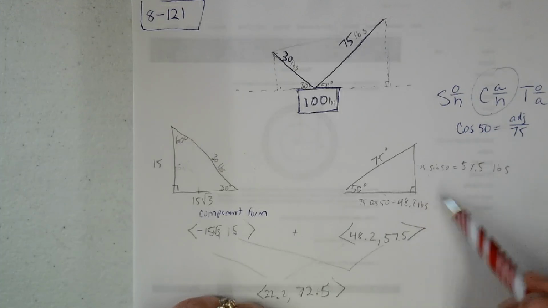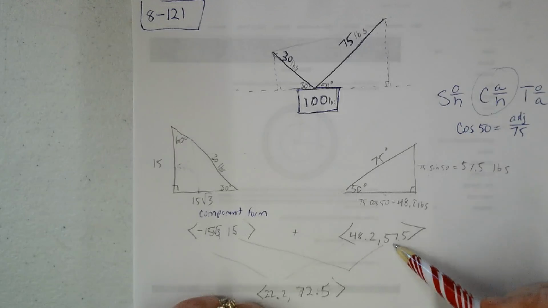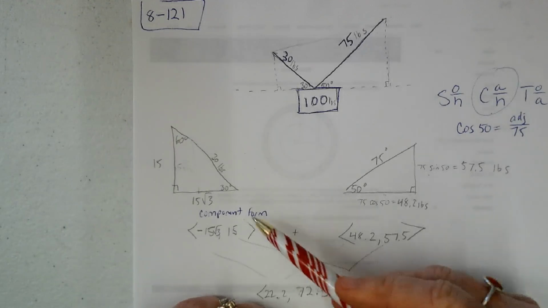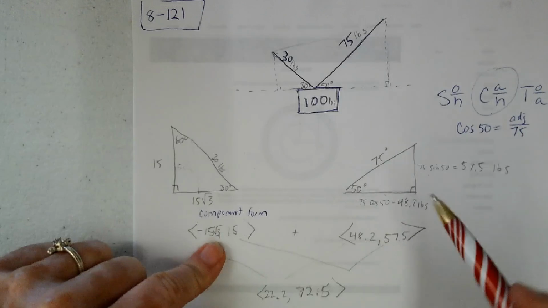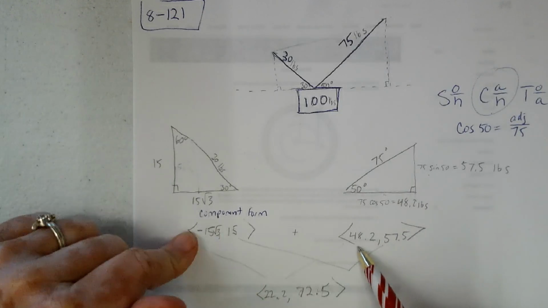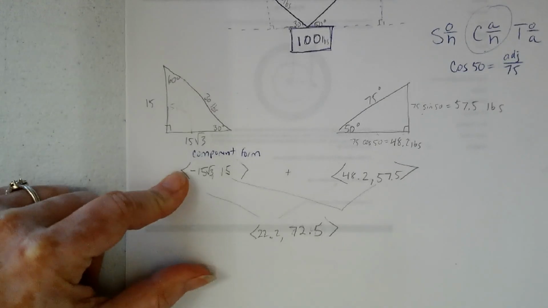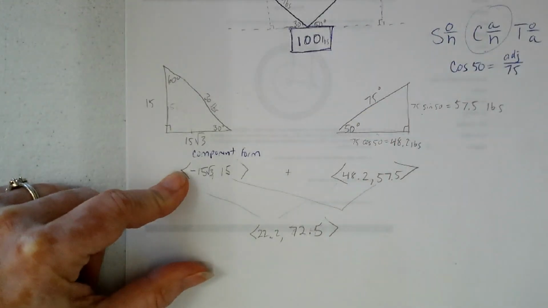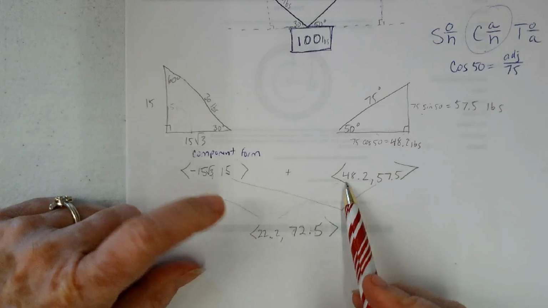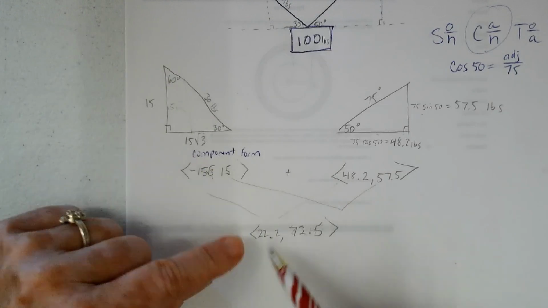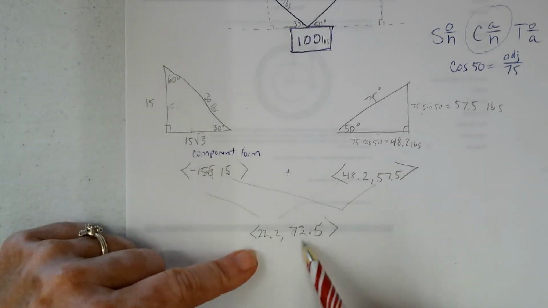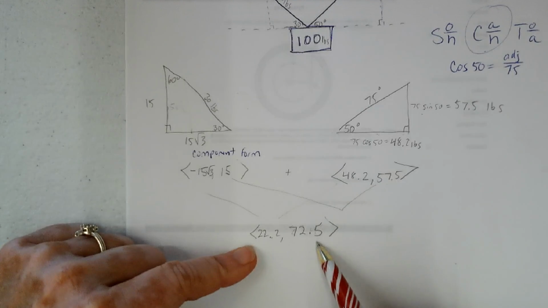Now I can put these in my component form and add them component-wise. This horizontal part doesn't even really matter because we're only trying to see if we can lift the box. I added them up and got a resultant vector.